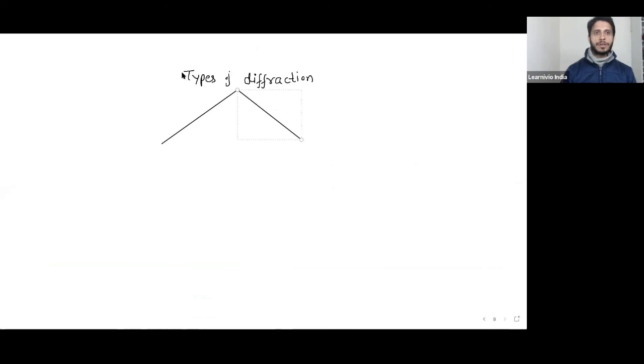One is Fresnel diffraction, another is Fraunhofer diffraction. In Fresnel diffraction, the separation between the source, slit, and screen is finite.